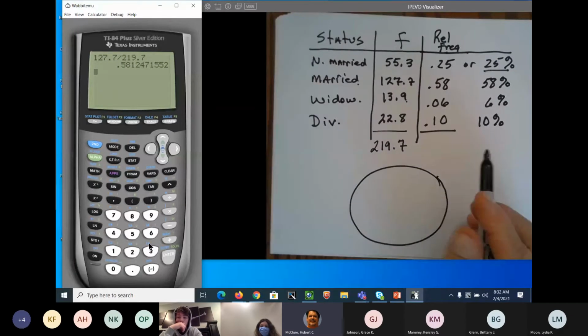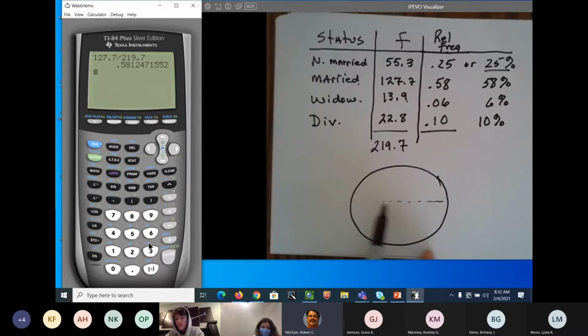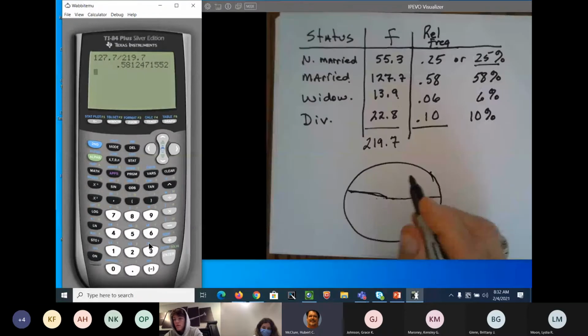All right, so this is 58%. So we know that this is 50%. So I'm just going to move that line there. Please mute your microphone, please. All right, that'd be 58% right here.